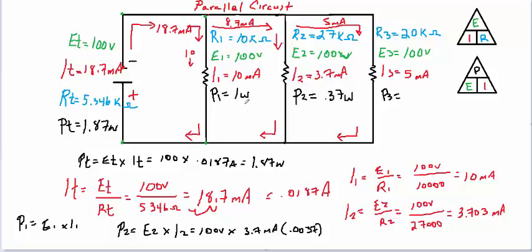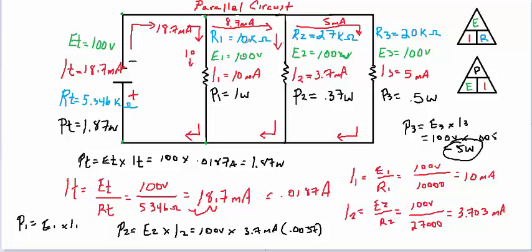So you got 1 watt there, 0.37 there, so it's 1.37, and we have a total of 1.87. So the last amount of wattage at this resistor must be 0.5 of a watt. And you can check that. Power at 3 equals the voltage at 3 times the amperage at 3. So 100 volts times an amperage at 3 of 0.005 equals 0.5 watts.